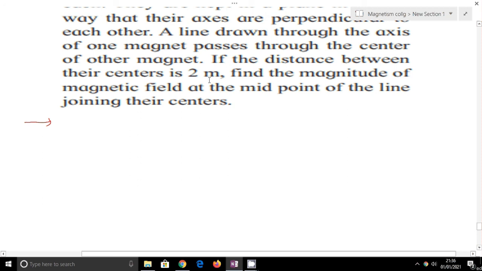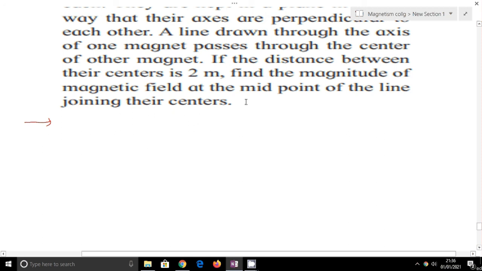So here 2 meter is the distance between the 2 centers, and the midpoint means exactly 1 meter from the center, where we have to find out the magnitude of magnetic field. Now see here, first we have to draw a diagram according to the given condition in the example.